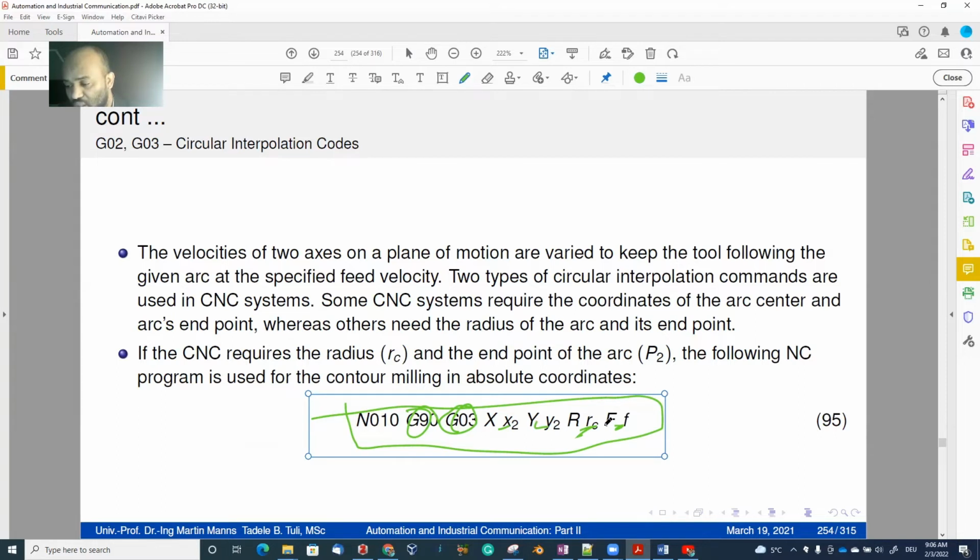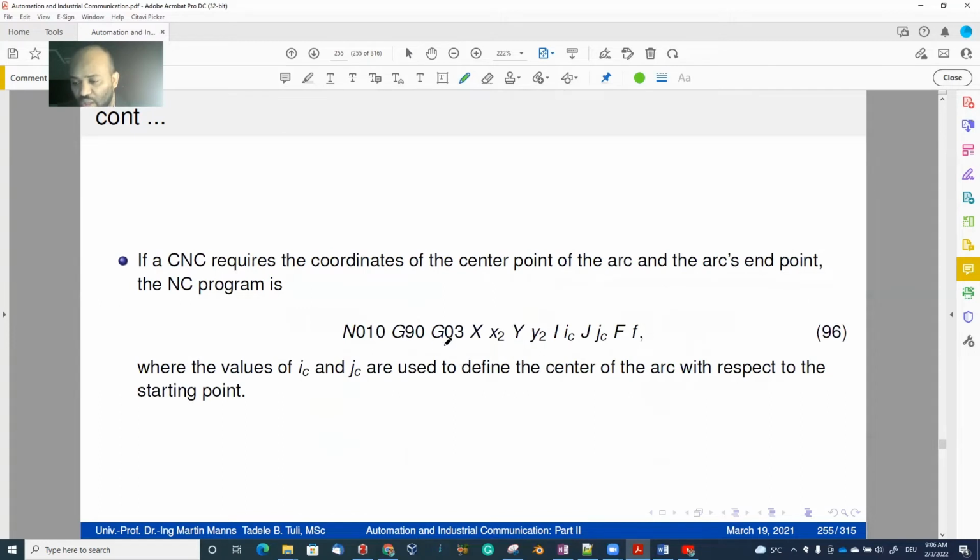So what we need is the X component, Y component, and radius. Or there's another option: instead of radius, you can use the center of the circle. I and J are the center of the circle, x position, y position. This is the second option.